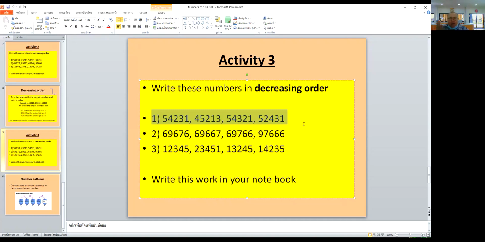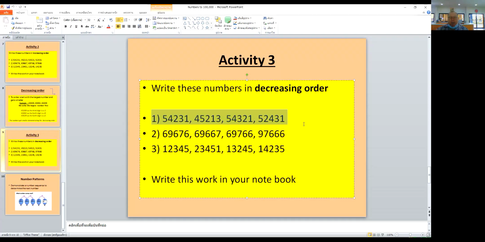We have 3 numbers with 5 as the biggest number. The second one, we have 2 numbers with 4 as the biggest number. Our third number, we have either 542,000 or 543,000. So 543,021 is the largest number. So we would write that first.